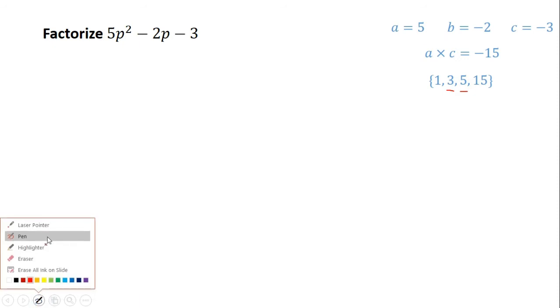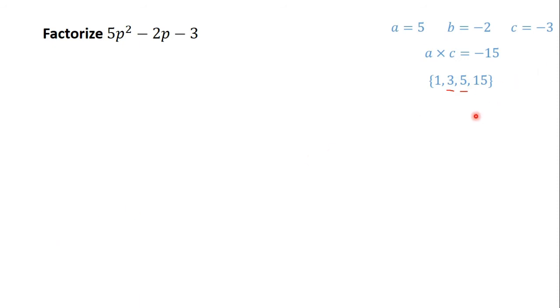But you will need to do some adjustments about 3 and 5 before they can fit the condition that we have, because 3 times 5 will give us 15. We are looking for minus 15, and 3 plus 5 will give us 8. We are looking for minus 2. So clearly we need to do some adjustments.